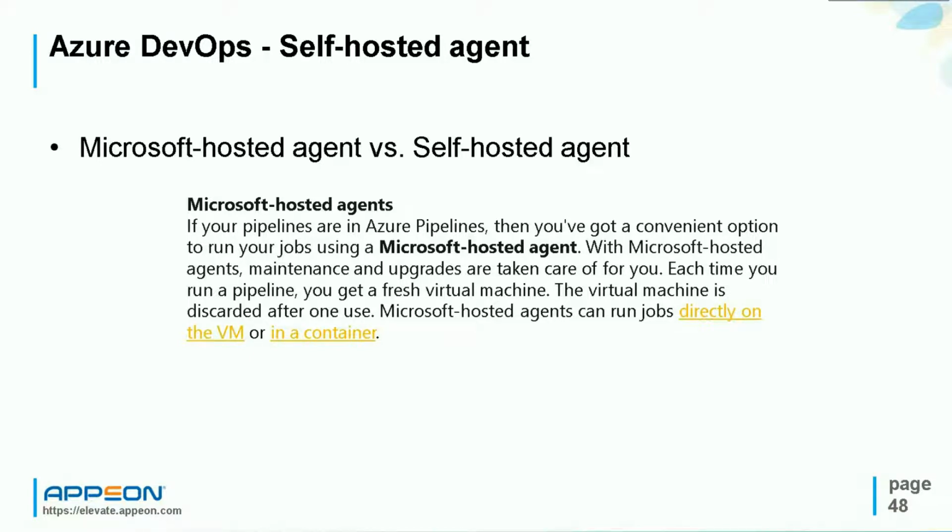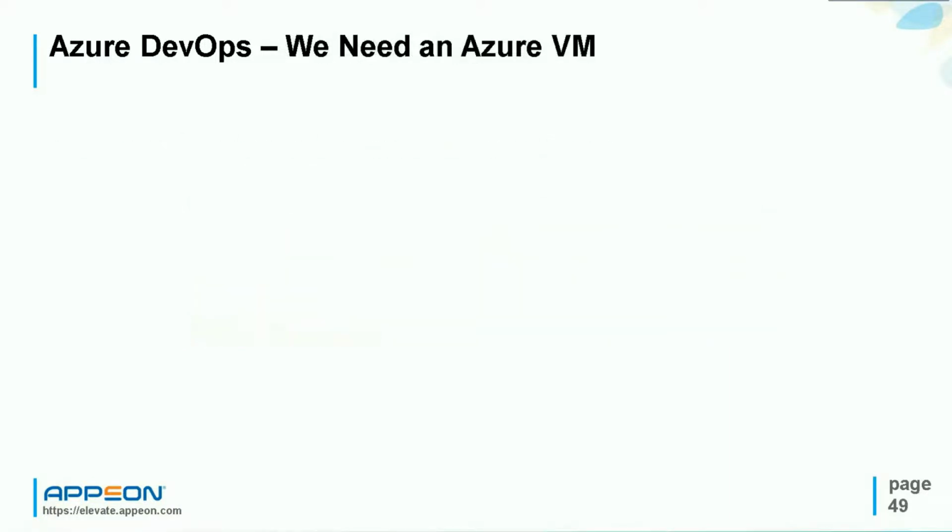The virtual machine is discarded after one use, and that sounds really nice too. Microsoft hosted agents can run jobs directly on the VM or in a container. Okay, well anyway, but unfortunately I can't do that.